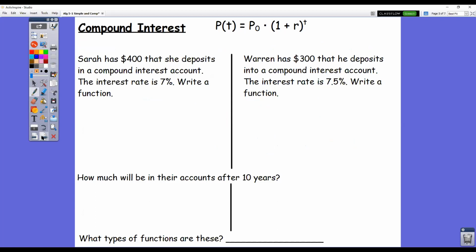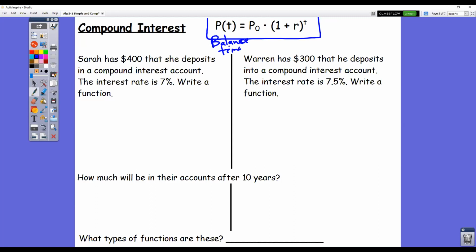So let's look at the formula for compound interest. You're going to want to write down this formula at the top, please. P of t. So this is your balance at a specific time.